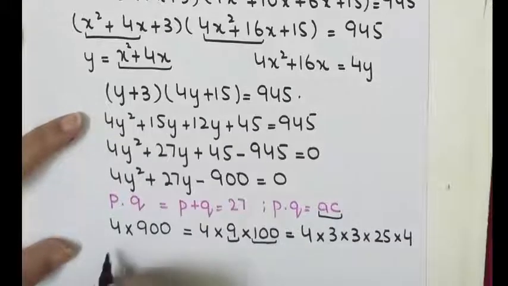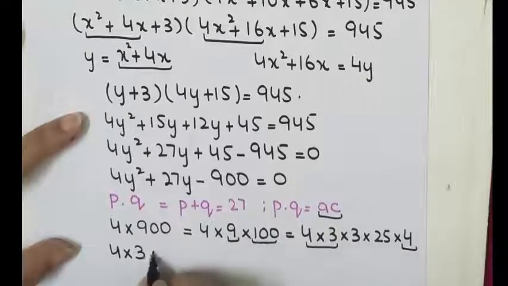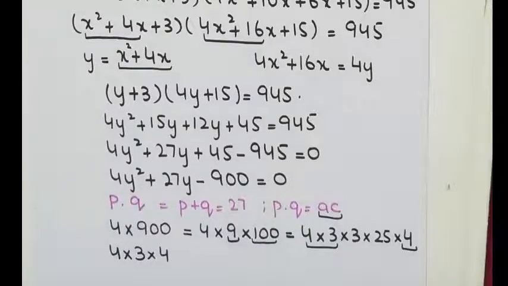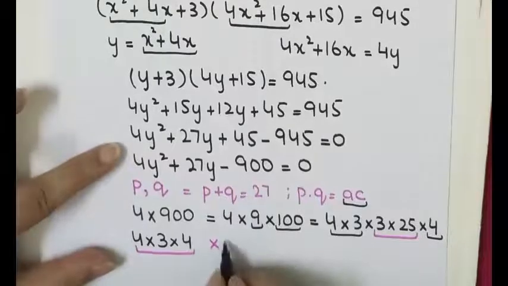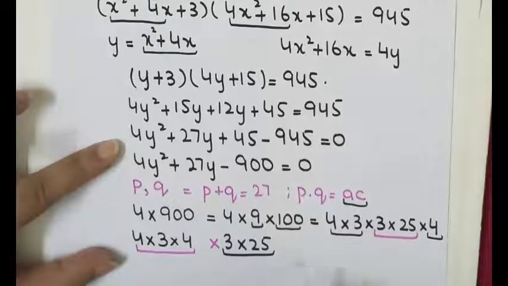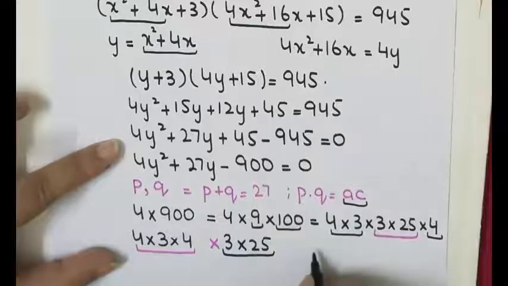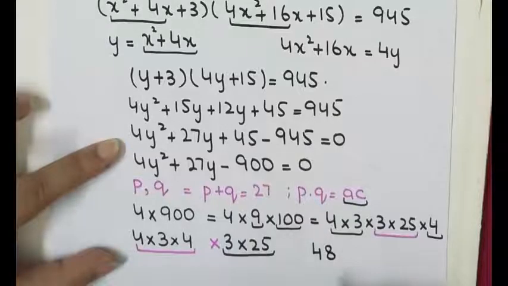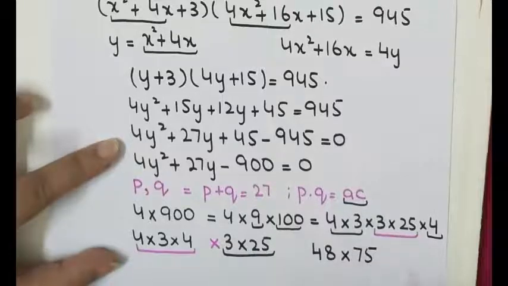So by working I found 4 into 3 into 4. This is one pair, and the next pair we will take 3 into 25. Let's check it out. 3 4 times is 12 and 12 4 times is 48, and 25 3 times is 75.